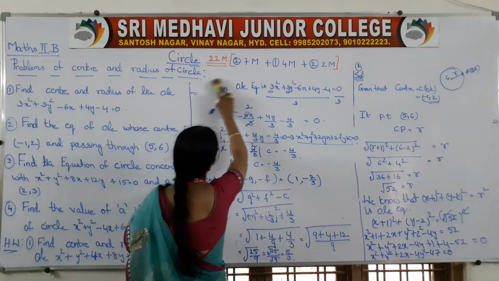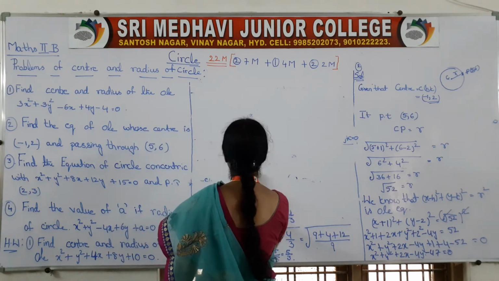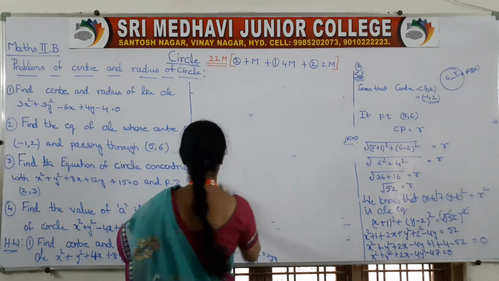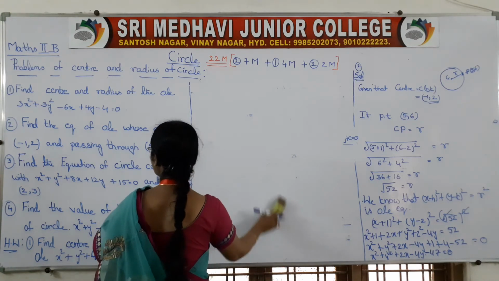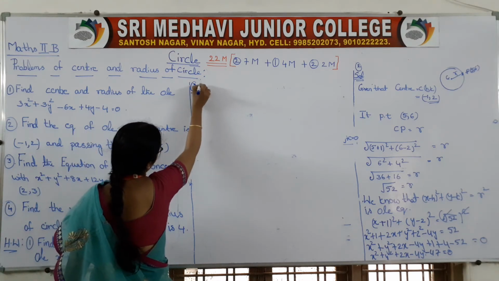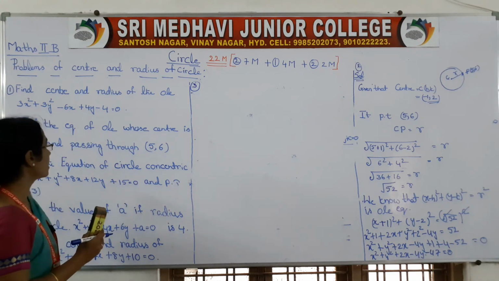Now come to the third question. So what is your third question? See the third question, read the third question. Find the equation of the circle concentric with this circle. So first of all, the new terminology is concentric circle.